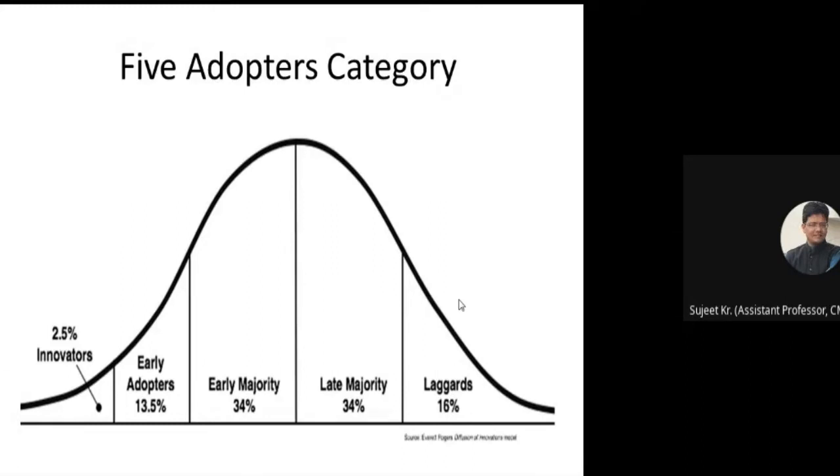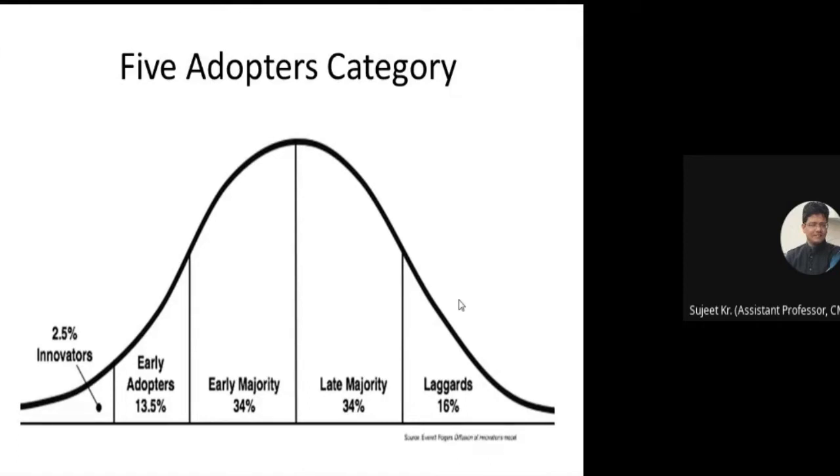This is what they feel, right? But slowly, there were innovators who accepted it. And then early adopters, who have leadership quality, adopted it. They saw the benefits. Then the early majority also followed early adopters. They saw that yes, a few people have adopted it, why not us? So they also adopted it.